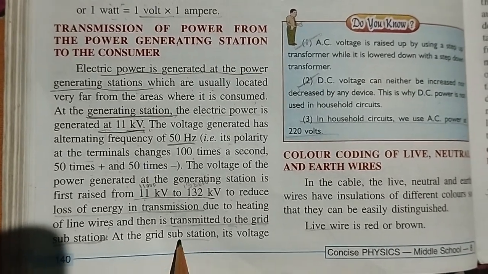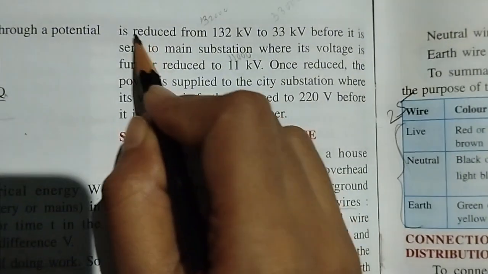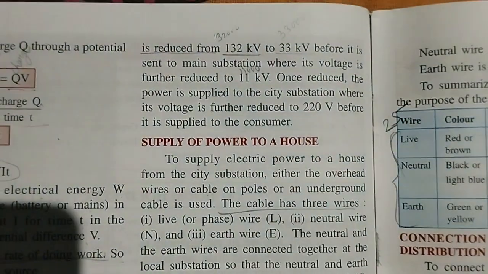At the grid substations, its voltage is reduced from 132 kilovolt to 33 kilovolt.